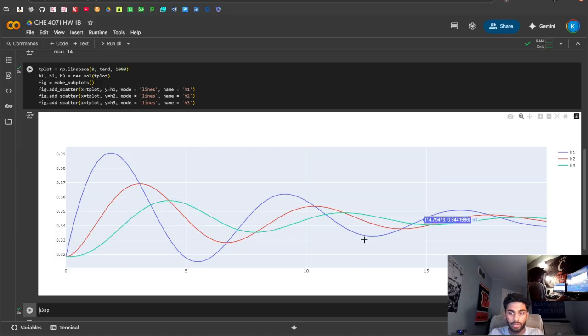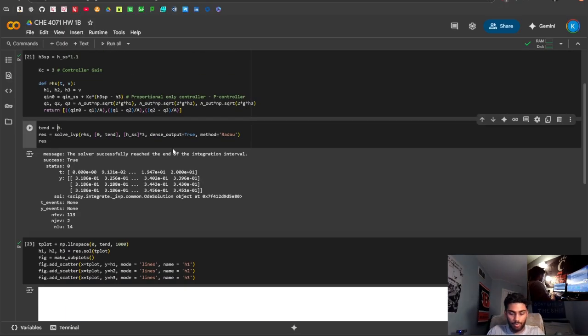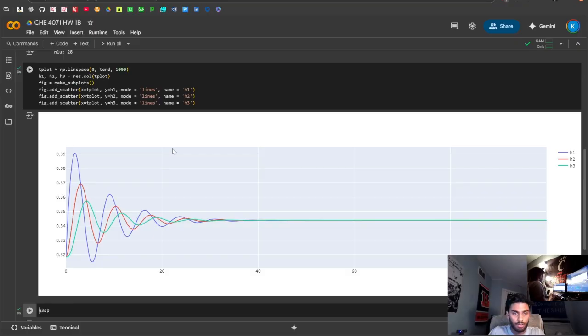Woof. Okay. Let me extend this out a little bit more so we can see it all. Now we see that we're having almost oscillations. We have oscillatory behavior in our tank height, and it slowly starts reducing in amplitude until we settle on, not even at our set point yet.